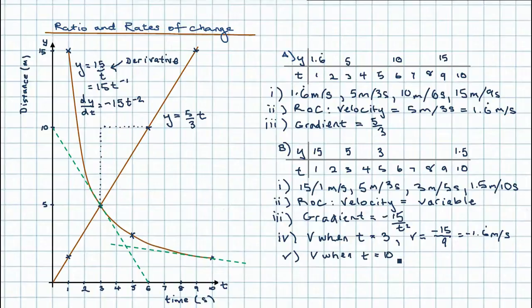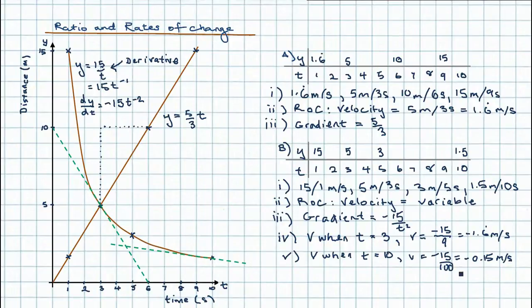So when t equals 10, v equals minus 15 over t squared, which is 100. Now, that simplifies very easily. I don't need my calculator. I simply move the decimal point 2 places to the left, or the number 2 places to the right, if you like, giving us minus 0.15 meters per second.